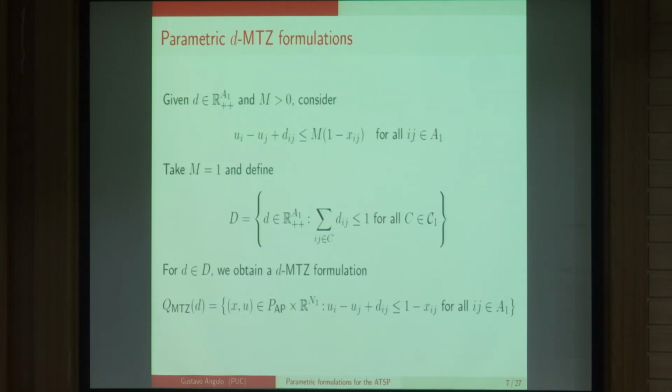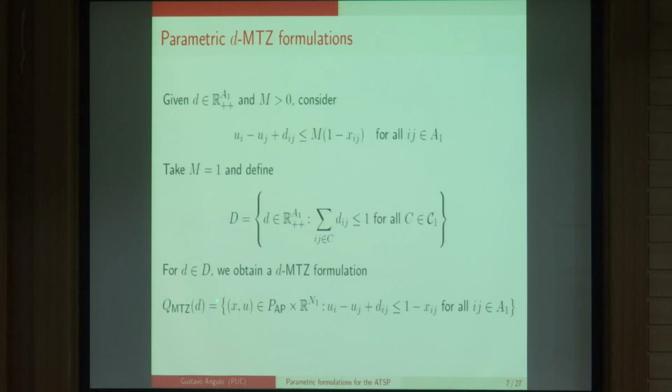Okay, to do so, we will normalize, and we will take this big M as 1, and we will define the set capital D as the set of all distance vectors that provide us a valid formulation when we take M equal 1 as this big M constant. So if we take any D from this set, then this is a valid formulation for the TSP. So this is the main idea.